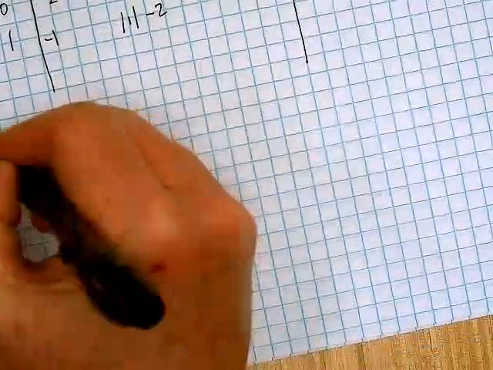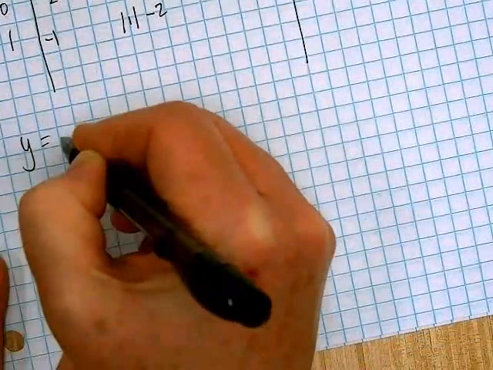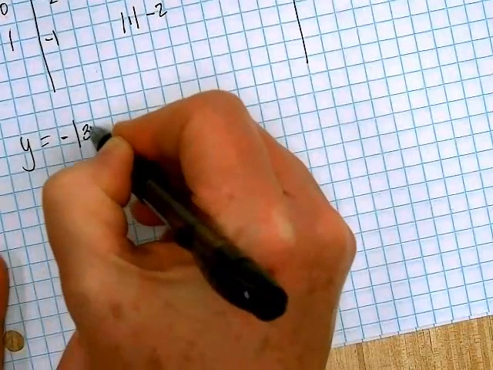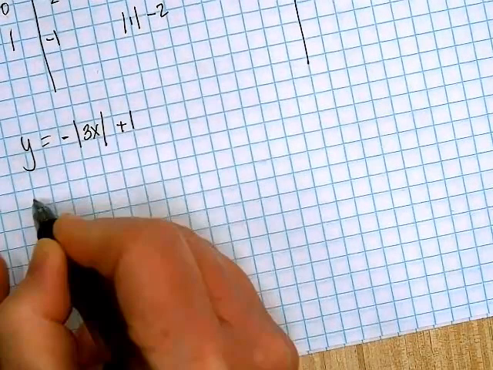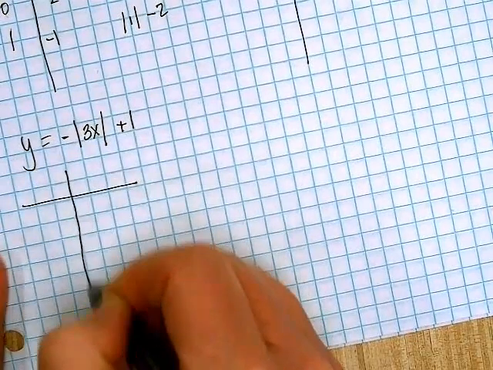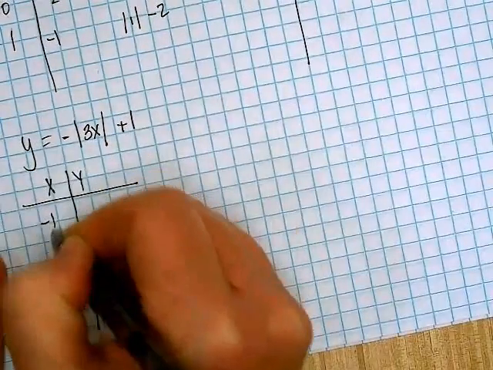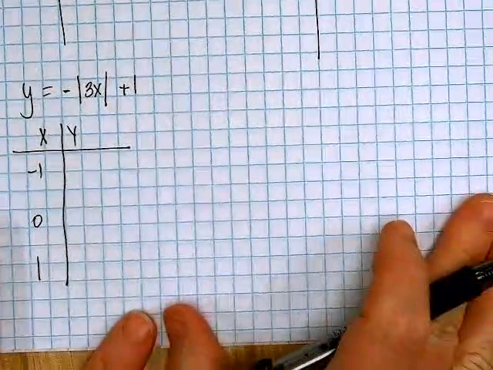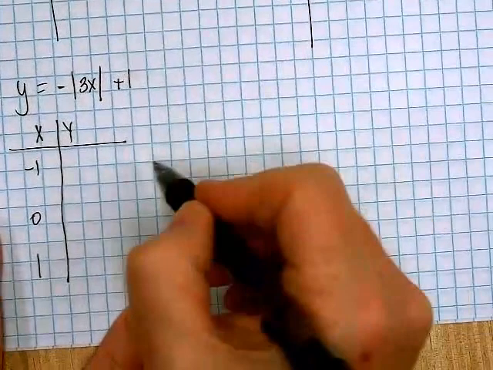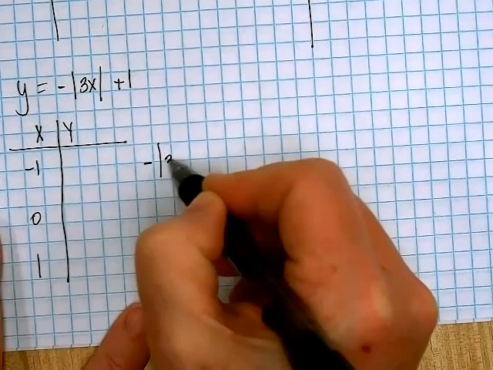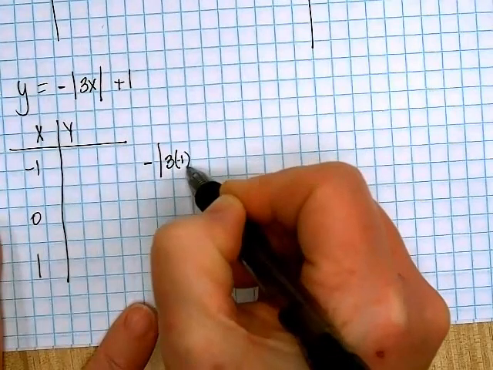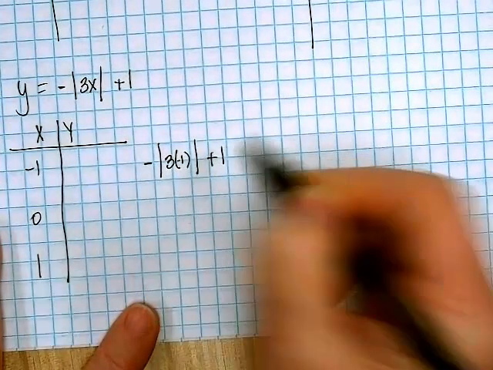11 says y equals negative absolute value of 3x plus 1. Same thing here. Negative 1, 0, and 1. Negative absolute value of 3 times negative 1 plus 1.